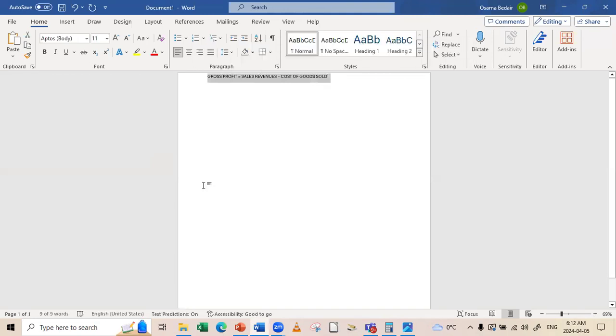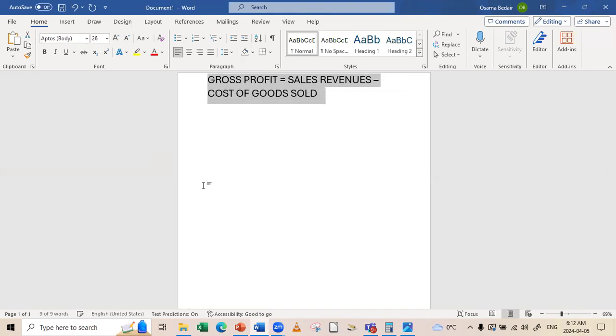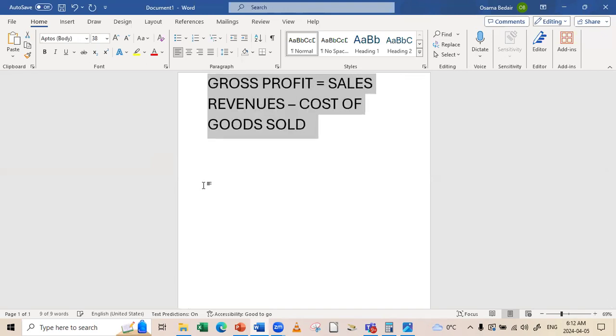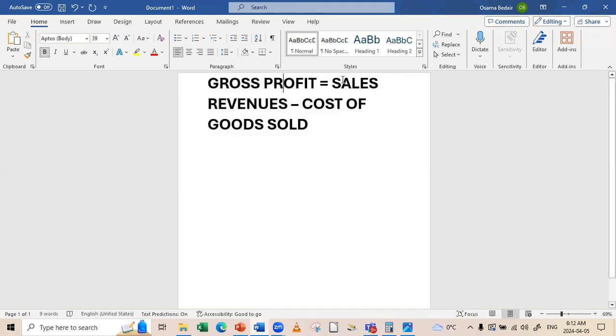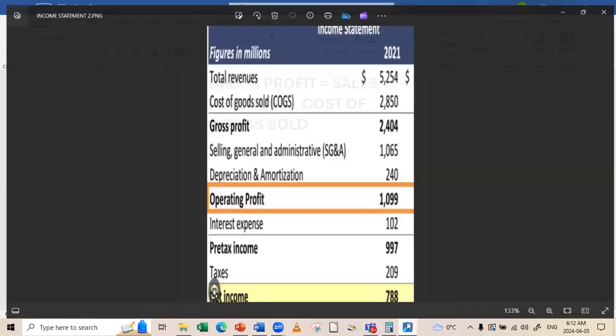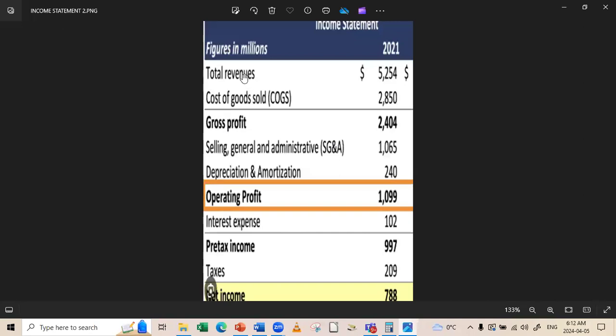Let me enlarge it for you guys so that you can see it. So gross profit will equal the sales revenues minus the cost of goods sold, like you see here. And that was the first point.